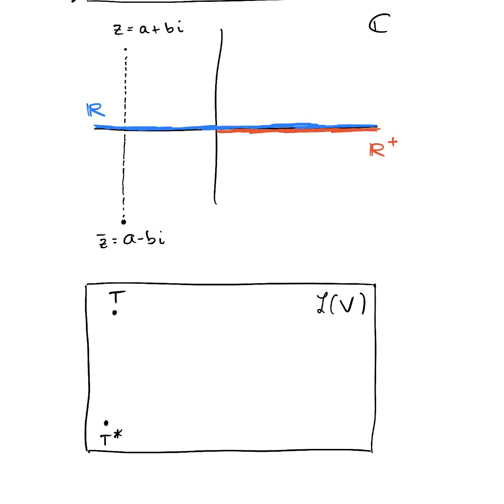Now, sometimes when you take an adjoint, nothing happens. These are the so-called self-adjoint operators. So that blue box, that's the self-adjoint operators.